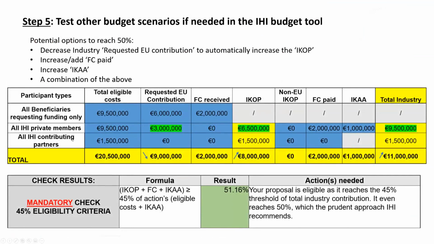Here, for instance, I just decreased the requested EU contribution from the private members. So automatically it increased the IKOP and the total industry contribution, and I can see that my result now appears in green, since I reach even more than 50% of industry contribution.